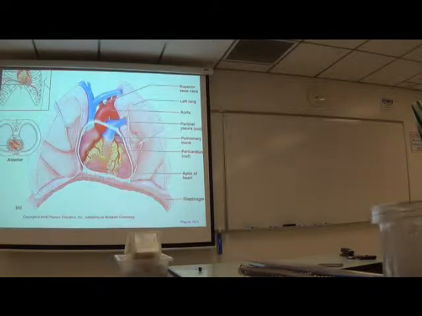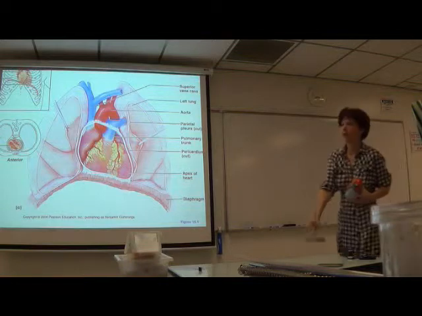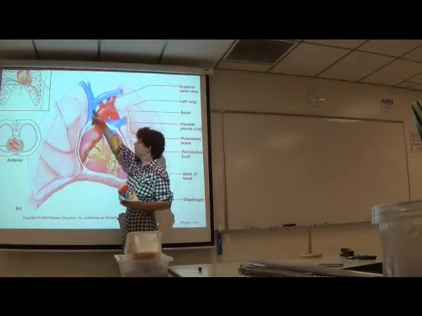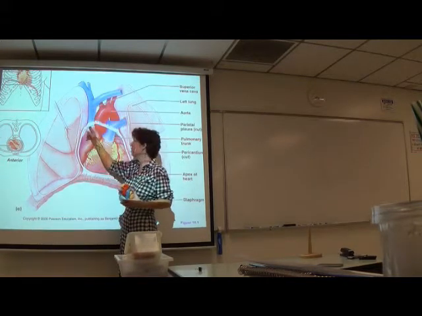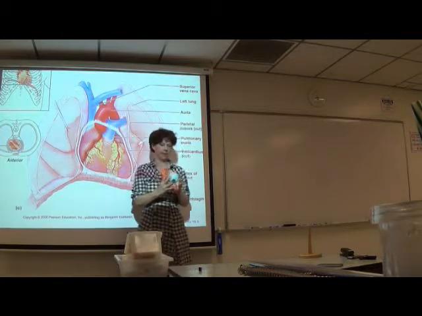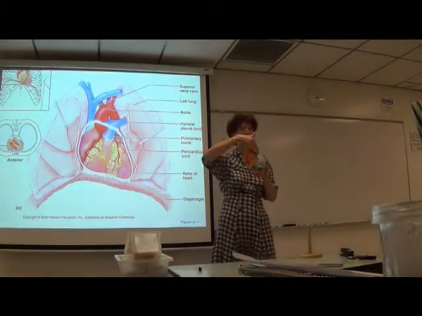Its typical position is found more to the left side of the chest cavity. And you'll notice that this right core of the heart is almost vertical. So the vessels coming into the right chamber, the superior vena cava and inferior vena cava, form almost a straight line. And you can see that right here.